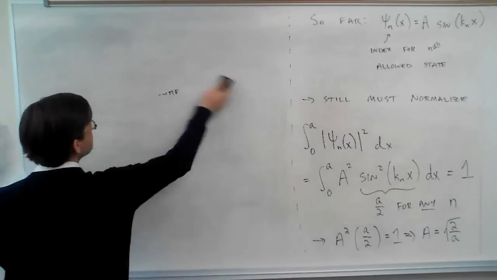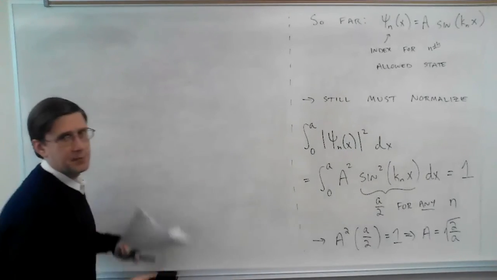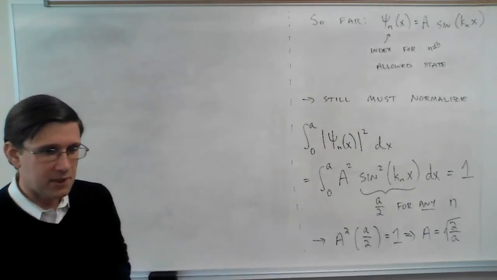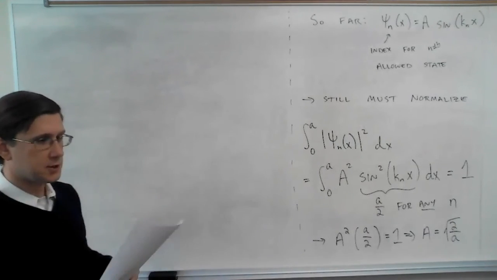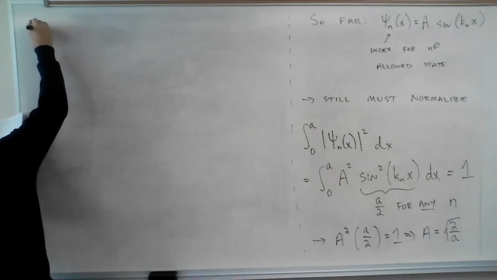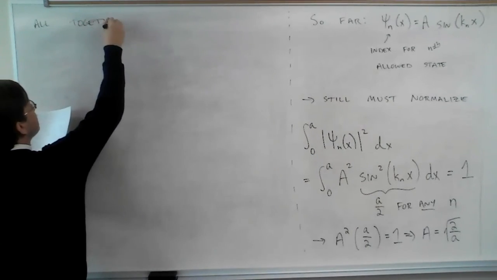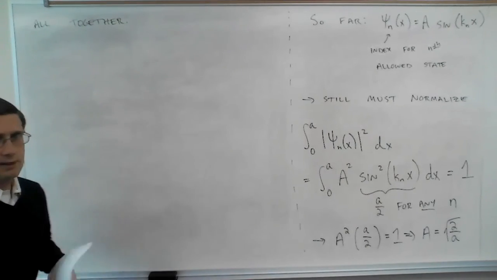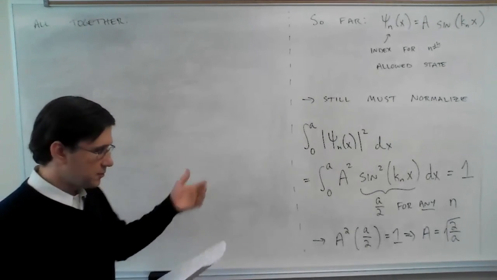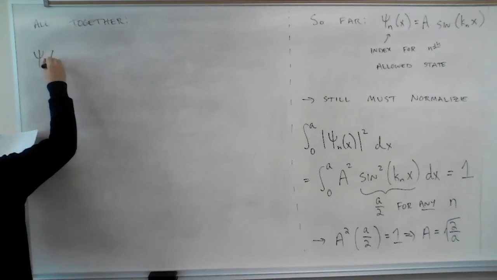Okay, we had a differential equation that we arrived at by starting with the time-independent Schrodinger equation and taking the potential equal to 0. And we have found that altogether, our Schrodinger equation for this potential is solved by a family of wave functions.